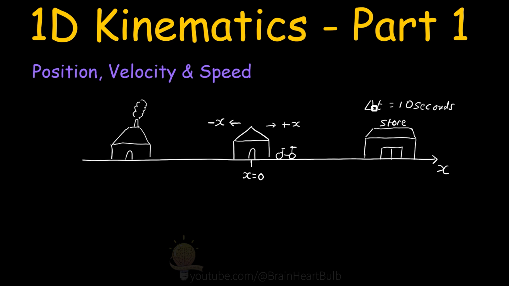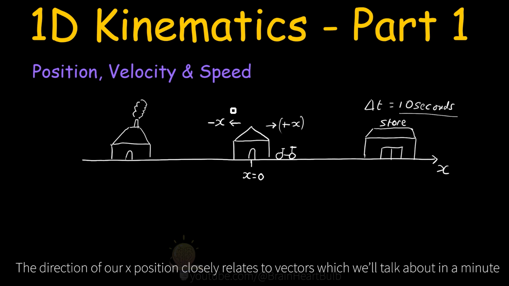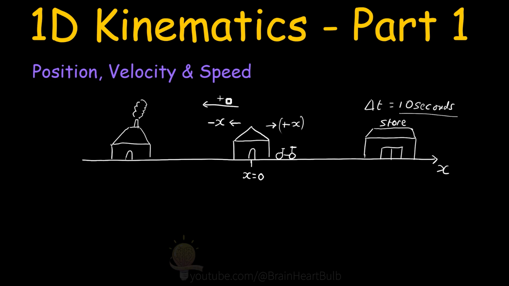And remember, we're recording our position every 10 seconds. So what would this look like on a position time graph? Now, before I go any further, the direction we decide the positive X direction should be is our choice. We could quite equally choose the left-hand side to be the positive X direction.